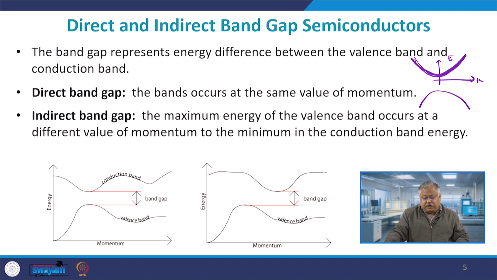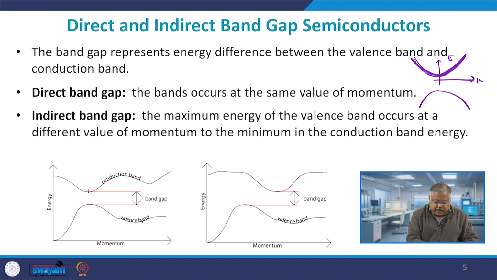Now, there are two types of material. One is known as the direct band gap material, right. What is a direct band gap material? It is very simple and straightforward. In the direct band gap material, the band extrema occur at the same value of momentum, right. The minima of the conduction band and the maxima of the valence band will be at the same momentum scale. So, if you look at the picture to your left here, this is my conduction band and this is my valence band.